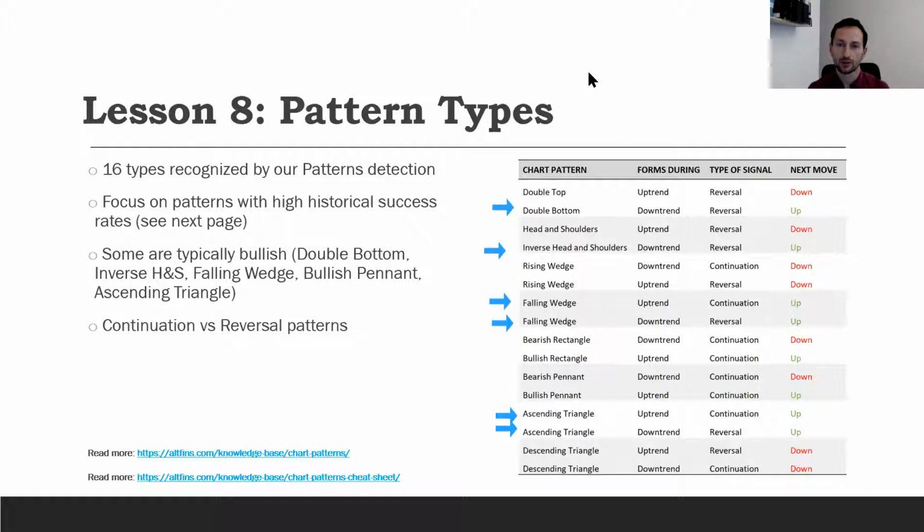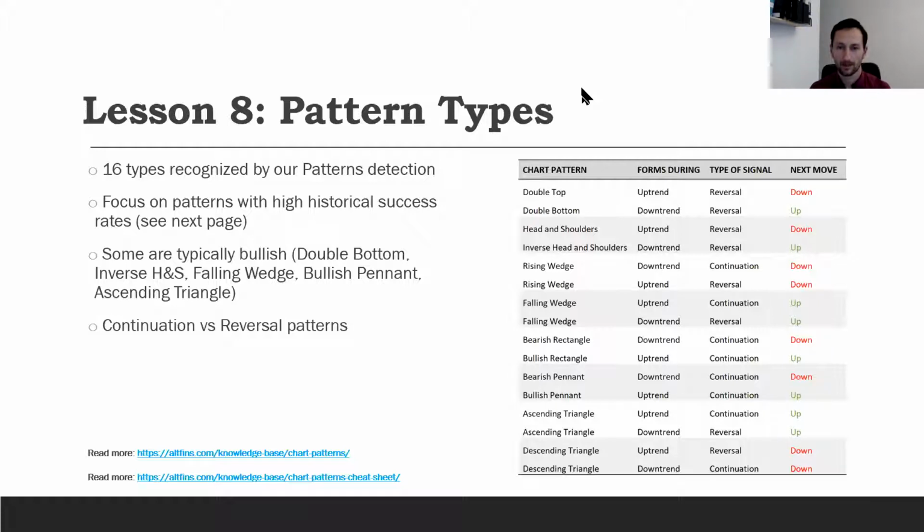Others like channel up and channel down, notice that we don't have them in this cheat sheet because those can really break out in either direction. And you can trade it in either direction as long as it's in line with the trend.